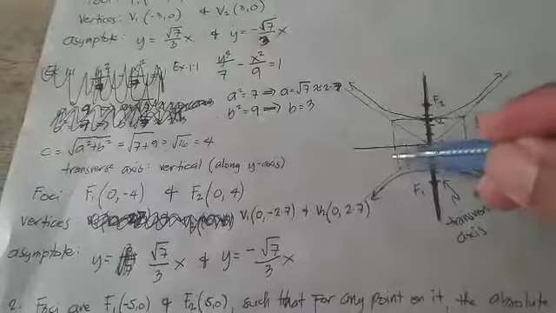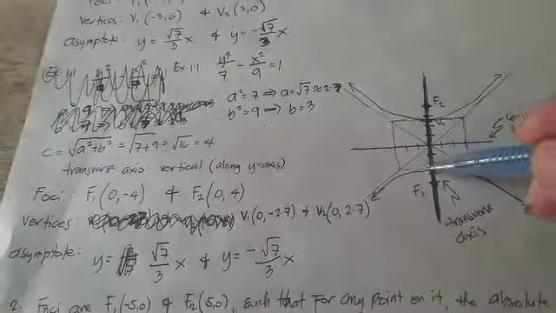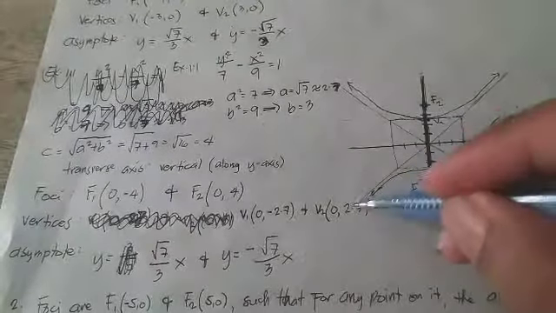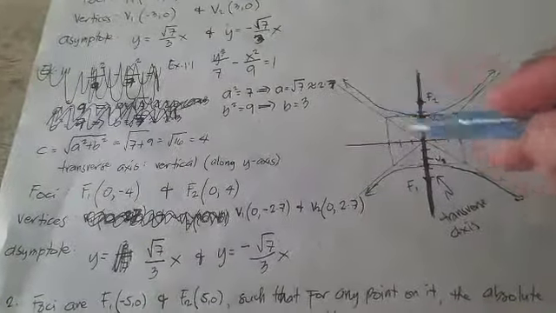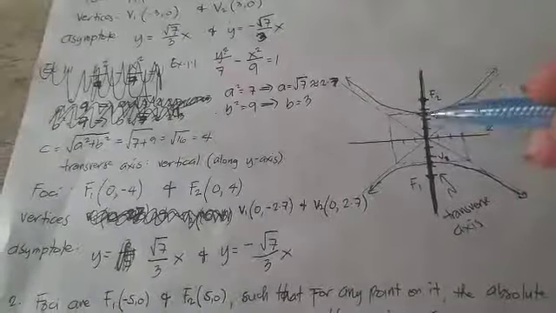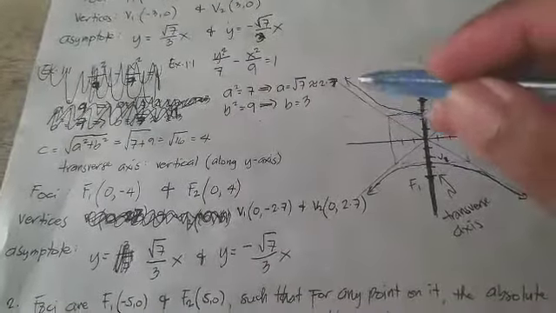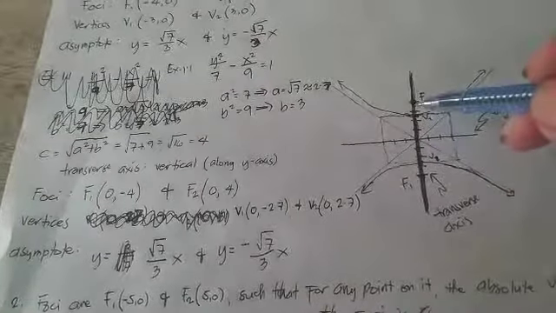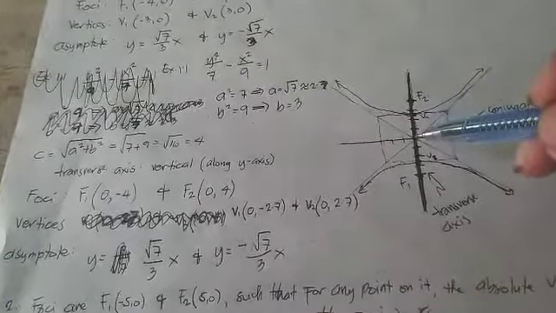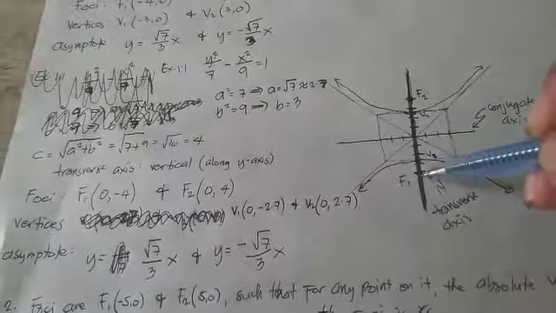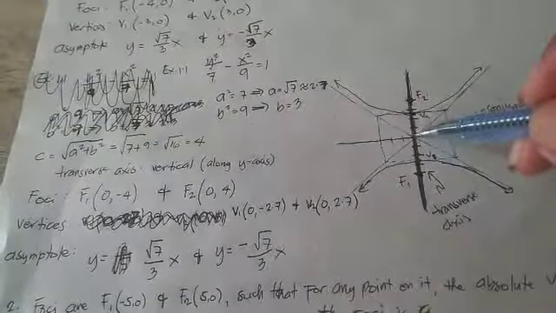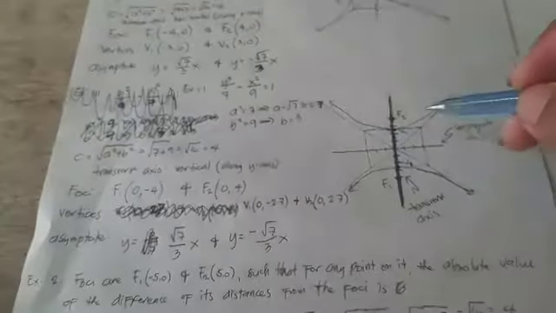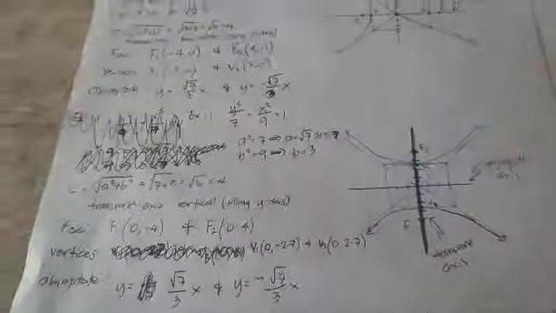Then we just intersect them, and we can create a rectangle. Now we can create the asymptotes that serve as a guide for our hyperbola. And our foci would be 0, negative 4, and 0, 4. So now we have created the graph of our hyperbola.